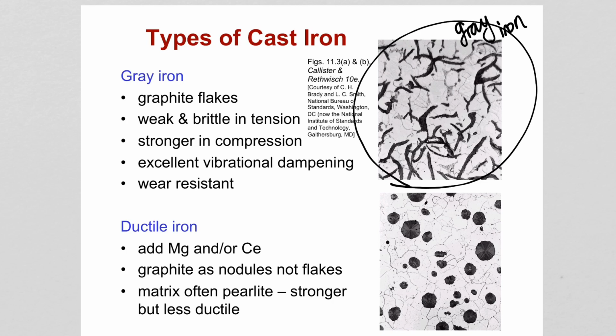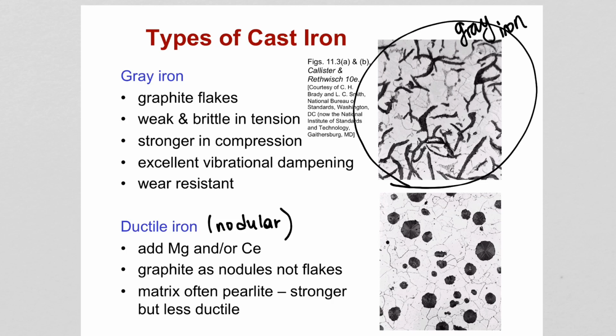Another type of cast iron is ductile, also called nodular. This is achieved by adding a small amount of magnesium or cerium to the gray iron before casting, and this produces a different microstructure, of course, and therefore different mechanical properties.